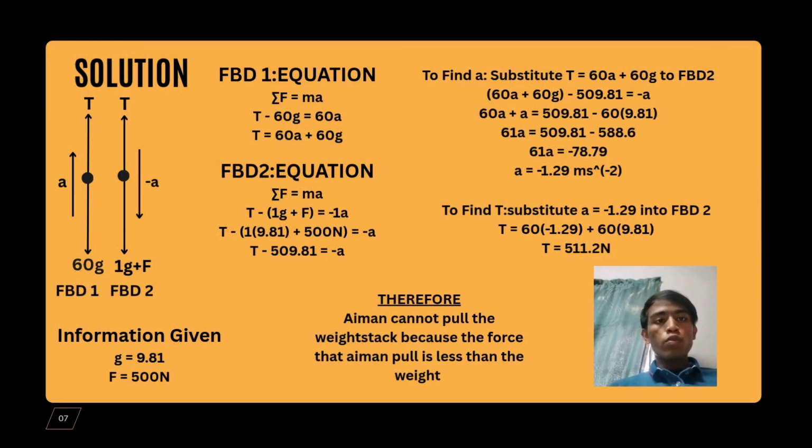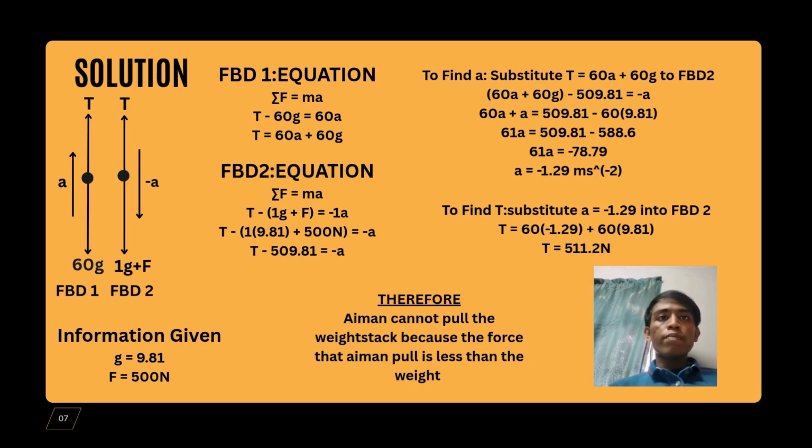The solution for problem statement 2 is based on the given problem statement. The information provided includes the force applied by Aiman, which is 500 Newton. The weight stack is 60 kg and the handlebar is 1 kg. The objective is to determine the tension in the cable T and the acceleration A of the system. The first step is to draw two free body diagrams and label them FBD1 and FBD2.